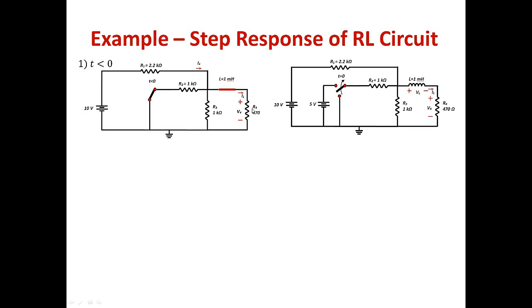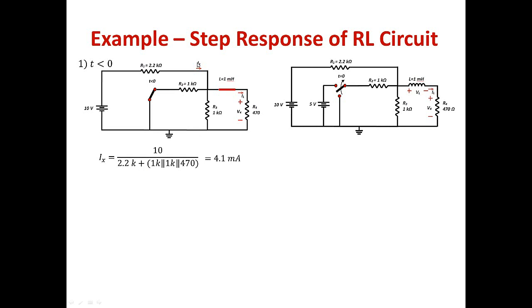Then Ix will equal the 10 volts, which is this voltage source, over the equivalent resistance. The equivalent resistance of the whole thing is the 2.2K plus the 1K for R2 in parallel with the 1K of R3 in parallel with the 470 ohms, and this is equal to 4.1 milliamp.